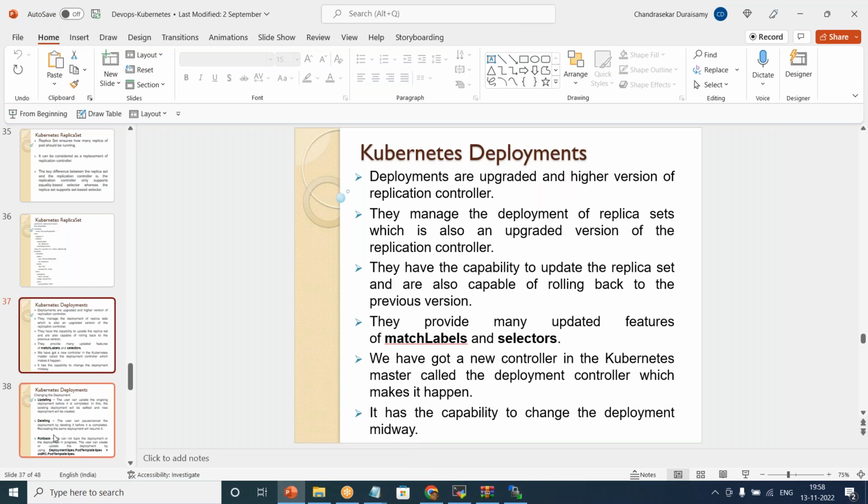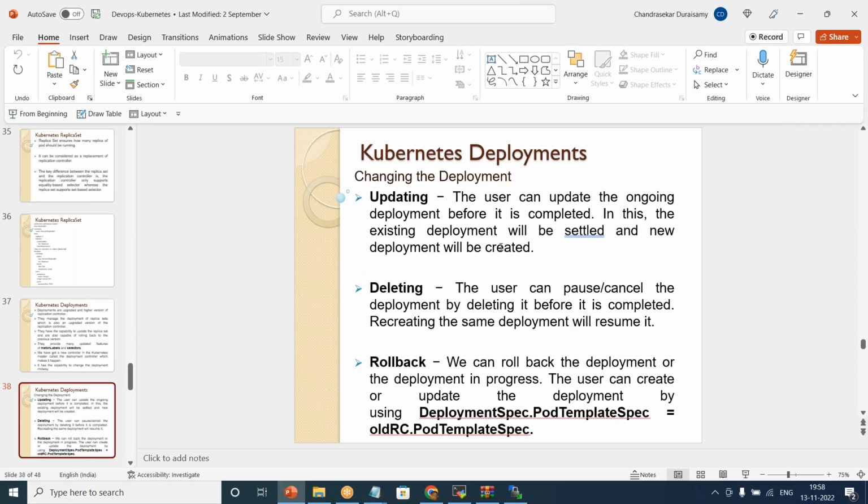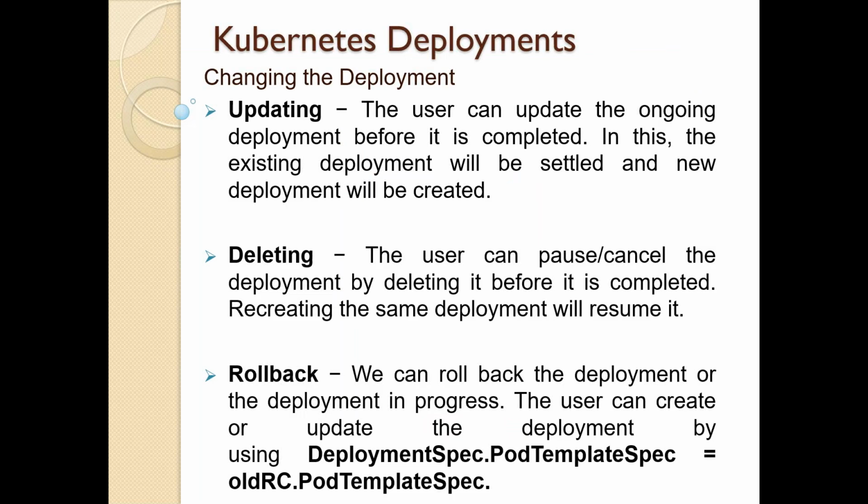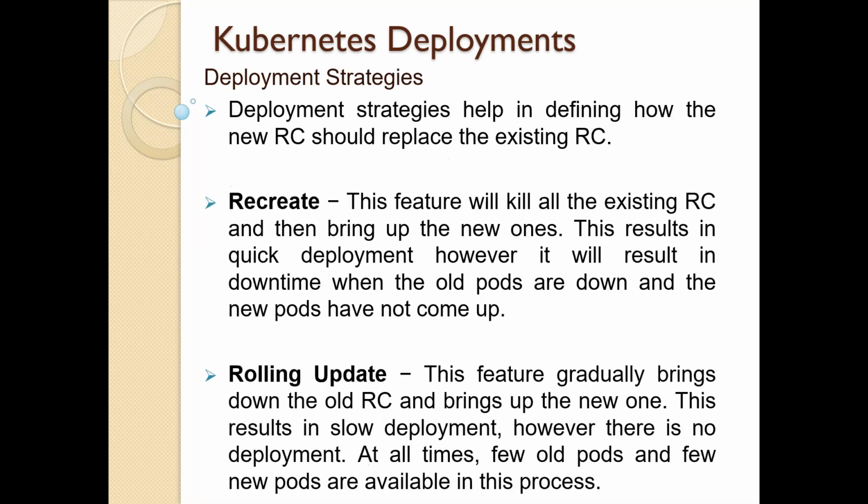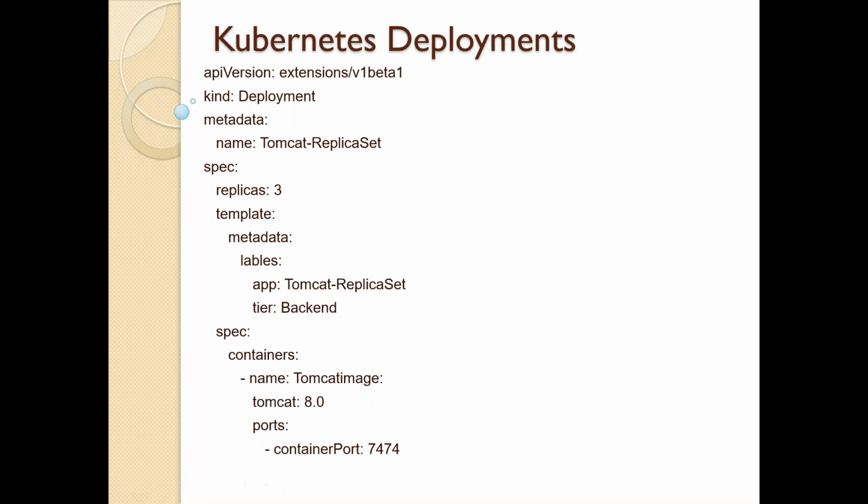So you can have deployments and you can update the deployment. You can delete the deployment. You can roll back. You can do all the things that you wanted to do. You can also recreate your deployment. You can do a rolling update, just like whatever we did yesterday, right?